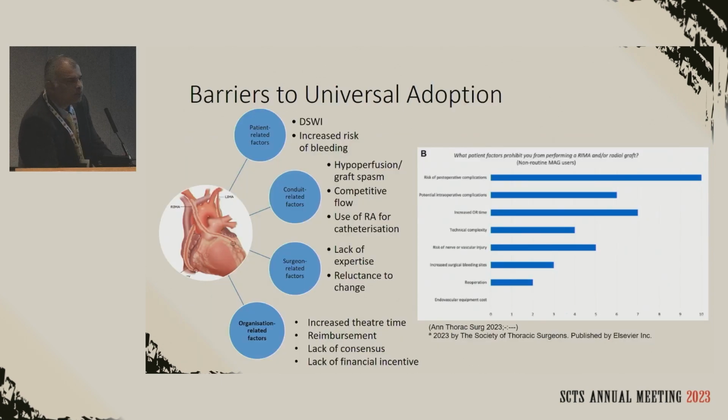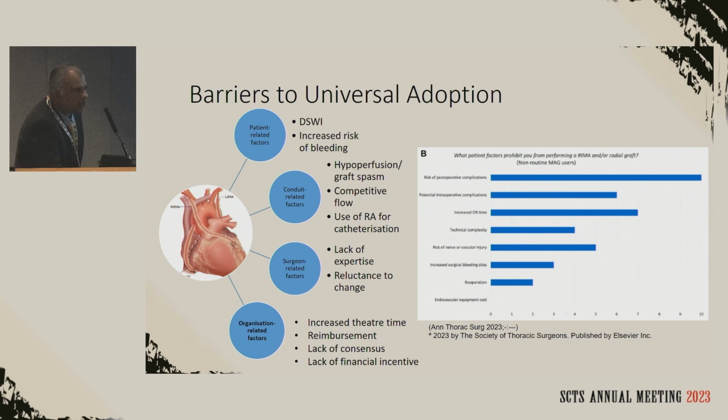So obviously, what are the barriers to universal adoption? If 2 arterial grafts are better than 1, and they should be offered to most of our patients, what is the reason that we're not doing the operation that we should be doing? There are plenty of reasons. There are patient-related factors. Sternal wound infection basically stops us from using bilateral internal mammary arteries.